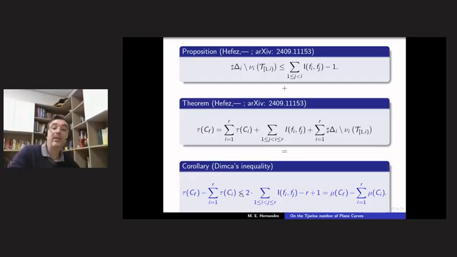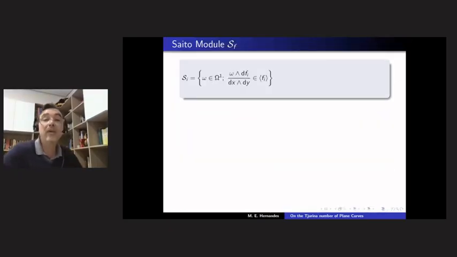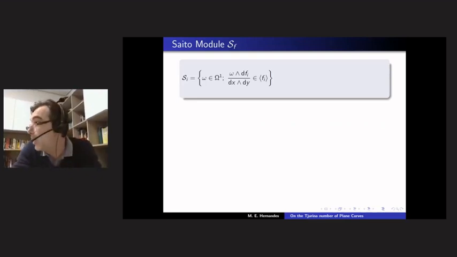Okay. So another interpretation or approach to express the Tjurina number of a plane curve is using differential forms.